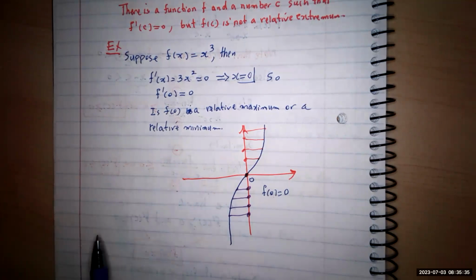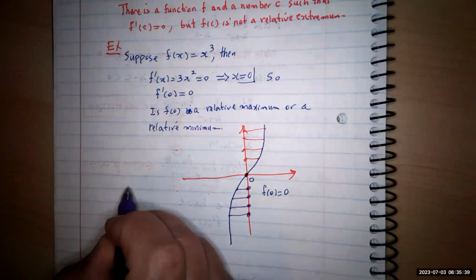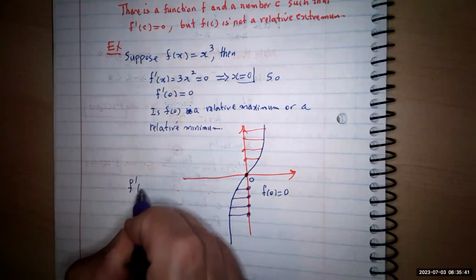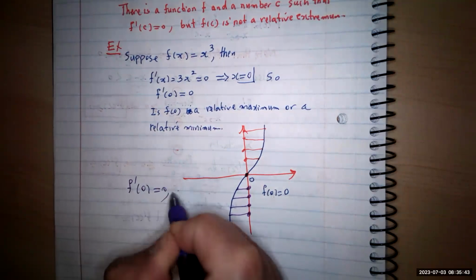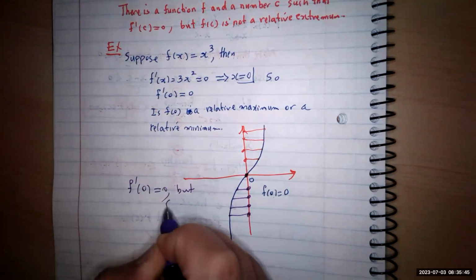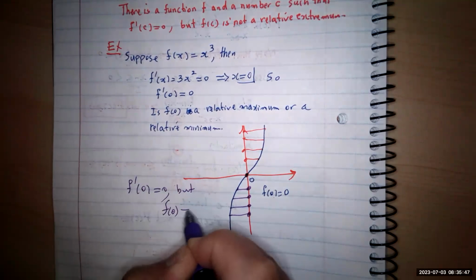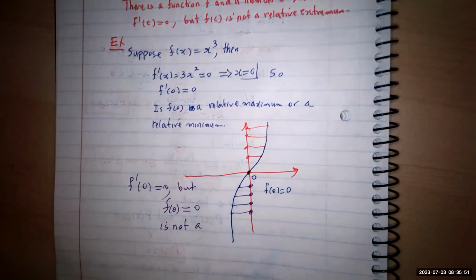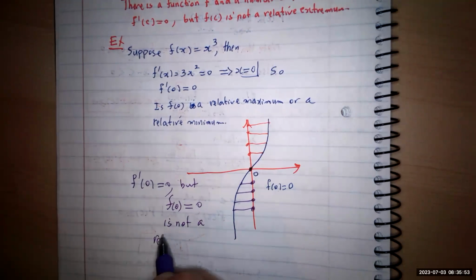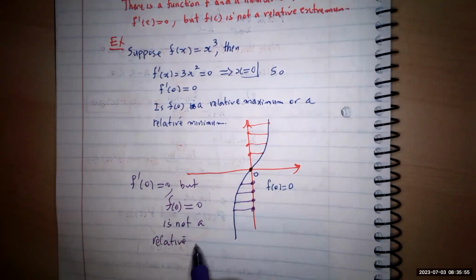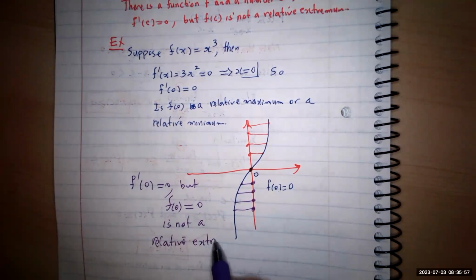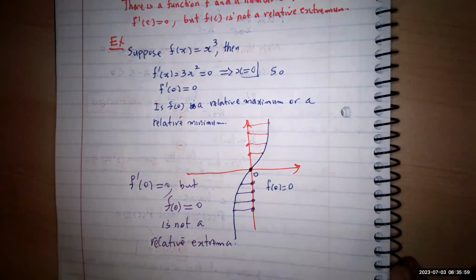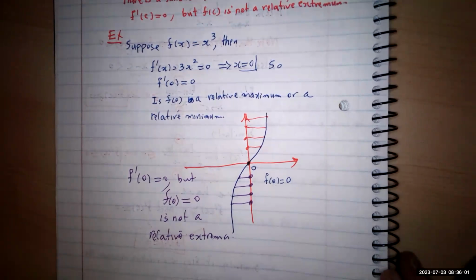So you have a case where f prime of 0 is 0, but f of 0 is not a relative extrema. So the converse of the Fermat theorem is not going to be true.